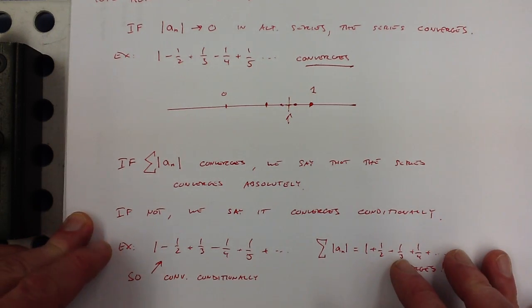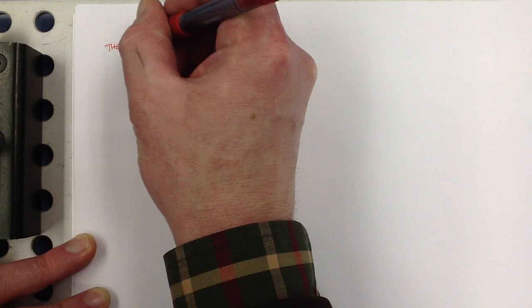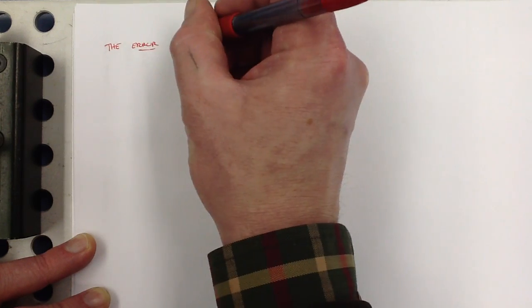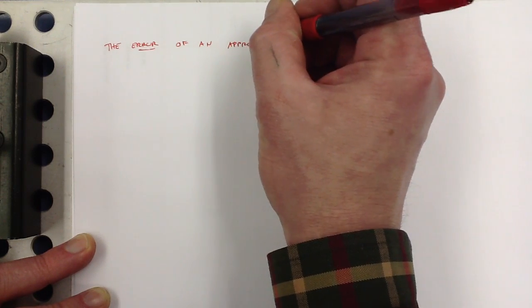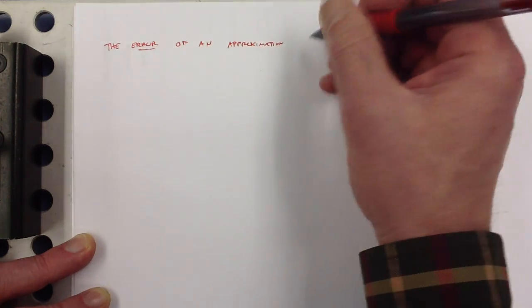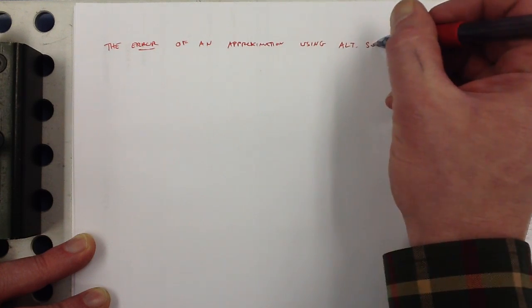All right. Then the only other thing that remains for us to talk about, although it is an important thing, is the error involved in an approximation using an alternating series.